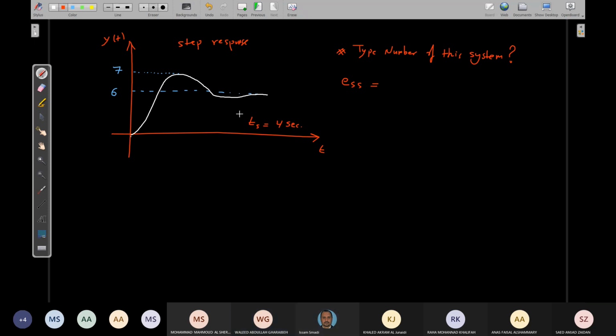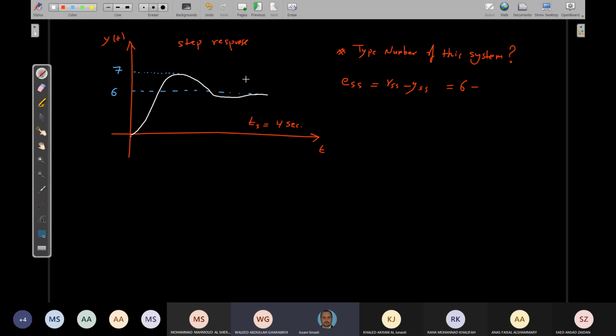You will tell me it's R steady state minus Y steady state, correct? R steady state is what? 6. Yeah, thank you. Y steady state is what?